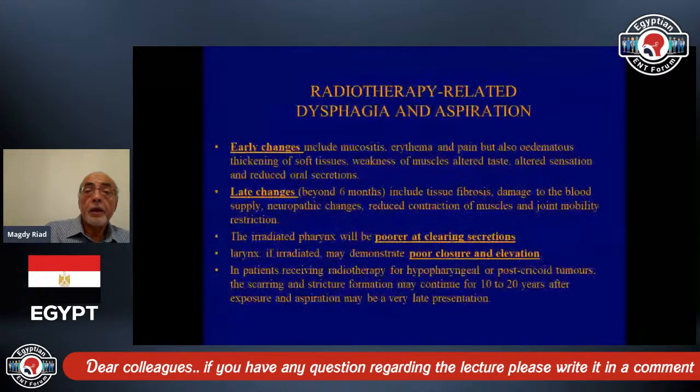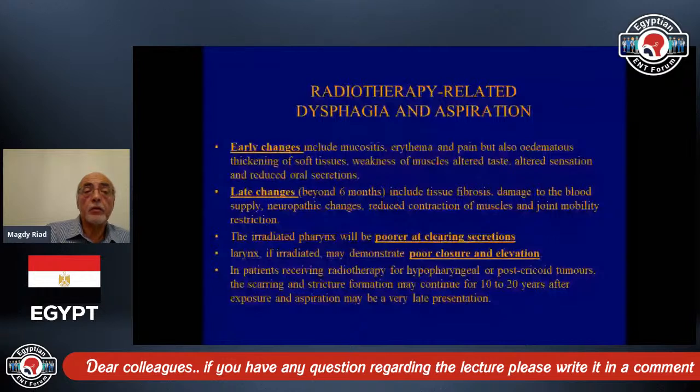And radiotherapy has acute and late changes affecting the irradiated area. So it can start first by causing edema and erythema of the mucous membrane and stiffness of the muscles and alteration of the secretions. But later, after 6 months, they start to have fibrosis as well, and there will be damage to the blood vessels.